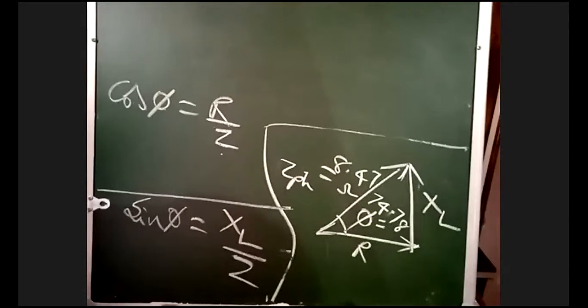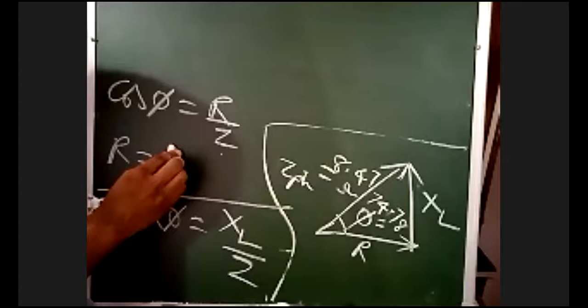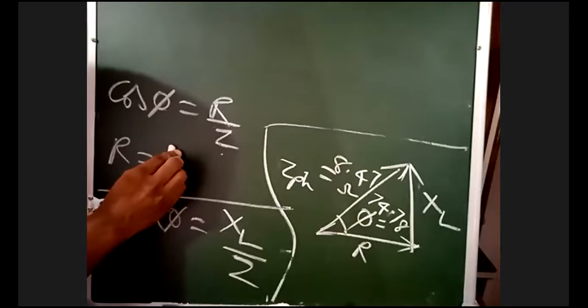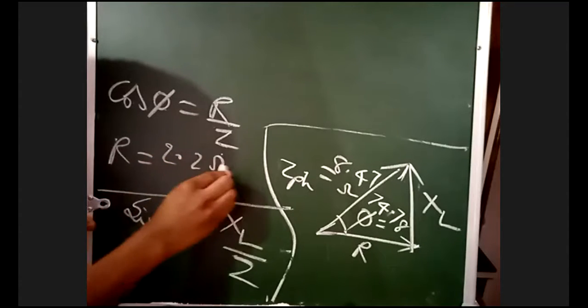What is the R value? 2.2, sir. 2.2 ohms.